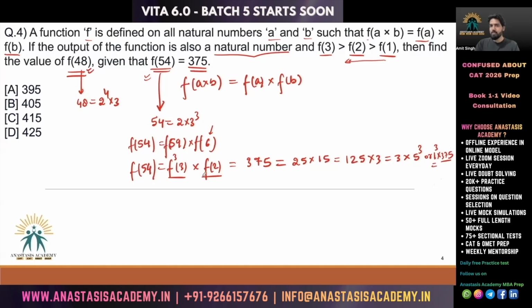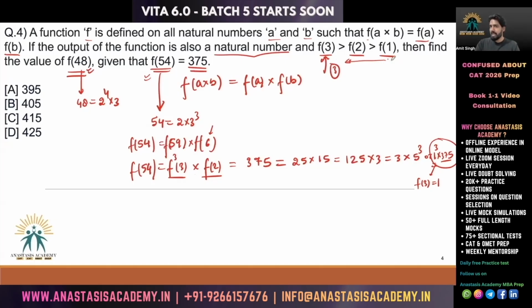But now guys, can you see, if I take this expression as f of 3 cube into f of 2, the problem here is, if you compare these terms, f of 3 would be equal to 1, and that cannot be, because f3 is greater than f2 and f1 both. And the minimum value that f3 can hold is 3.